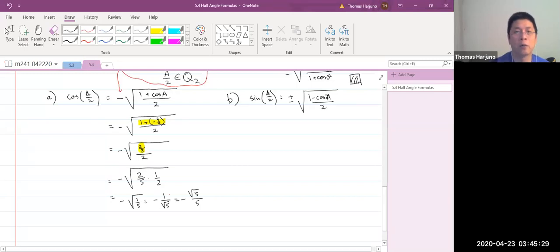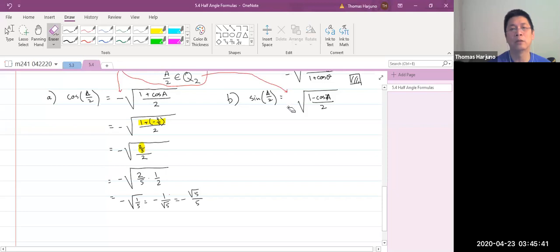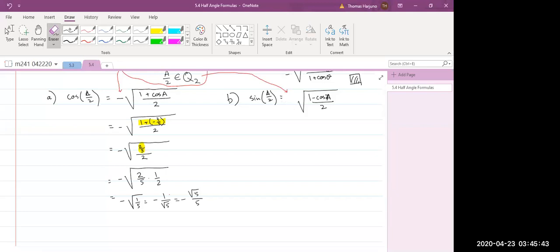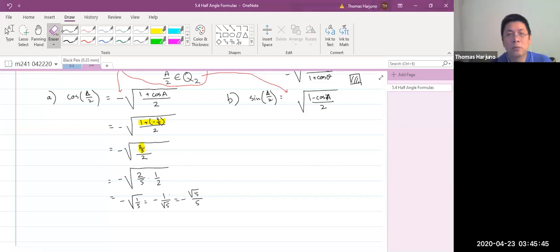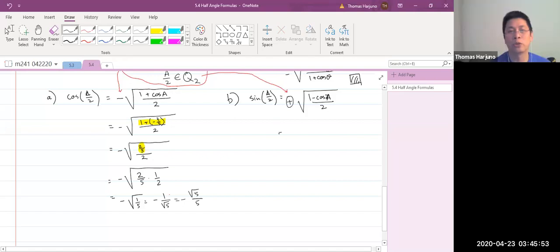However, from the quadrant we know the angle is in quadrant 2. So sine of that theta will be positive. So we use the positive branch, then you plug that in and try to simplify.